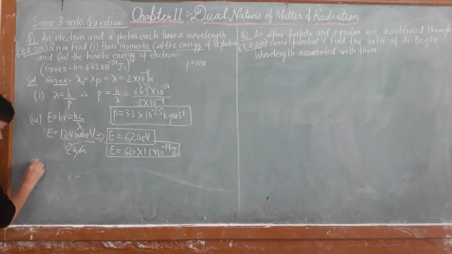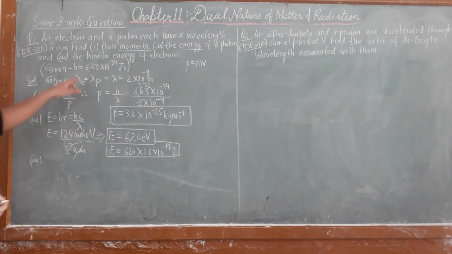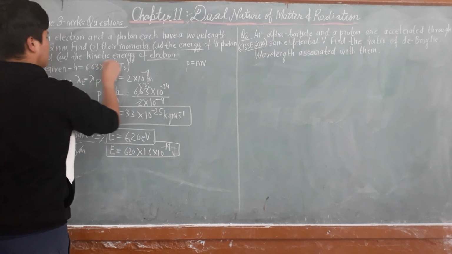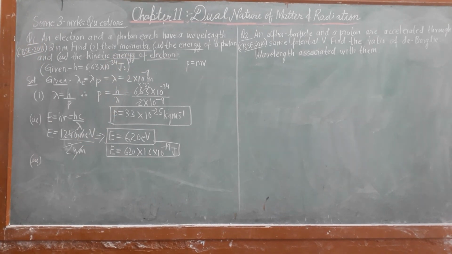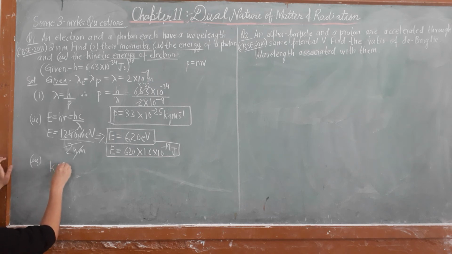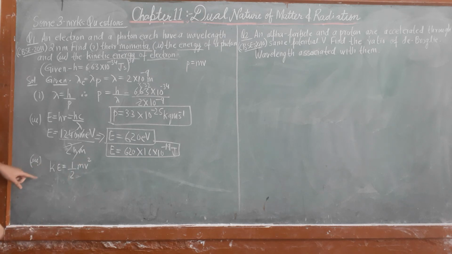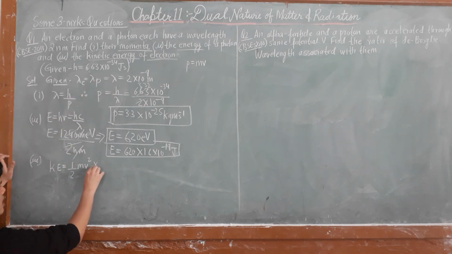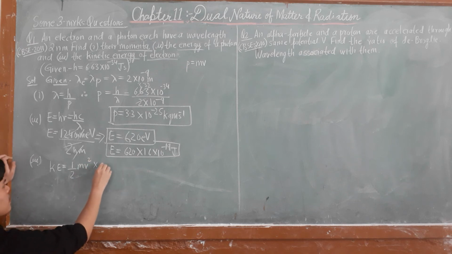Now the third part: the kinetic energy of the electron. Kinetic energy is equal to half mv square. But velocity is not given; momentum is given. So multiply the numerator as well as the denominator by m.